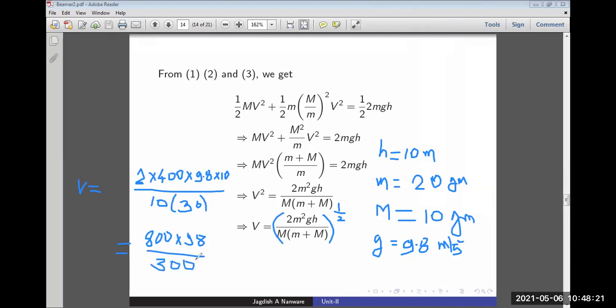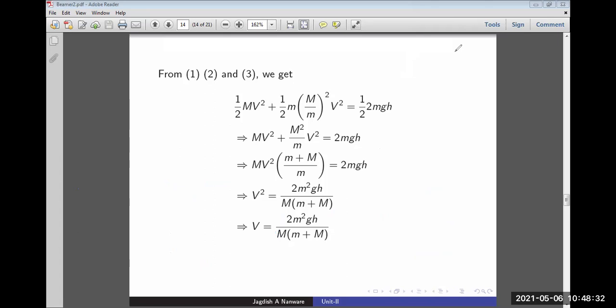So you calculate this number. So that is the velocity. Okay. Next example.